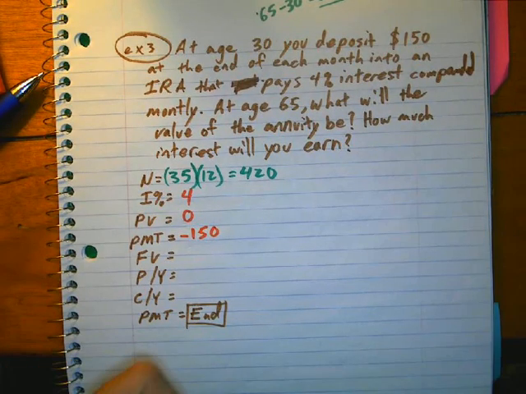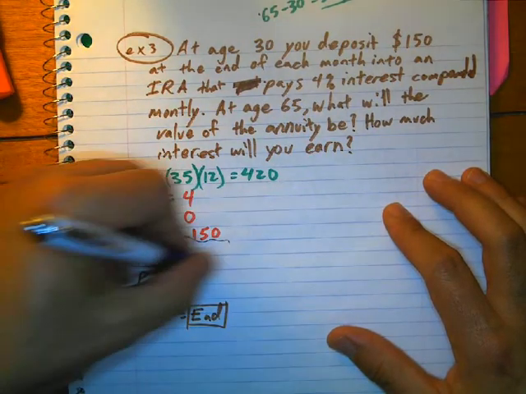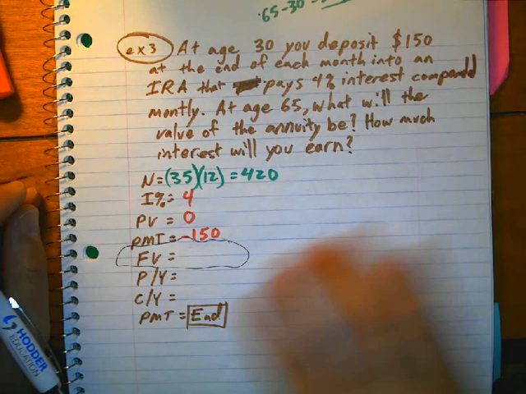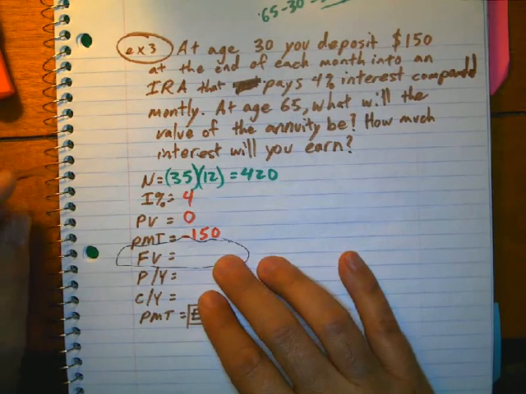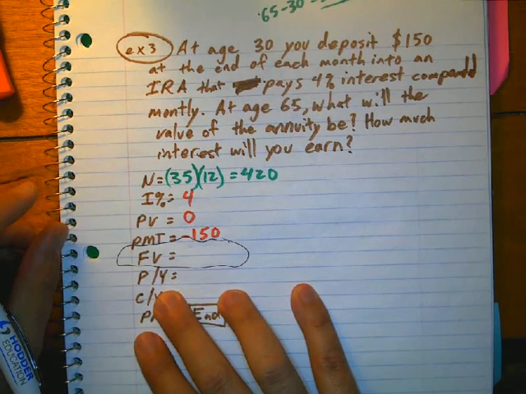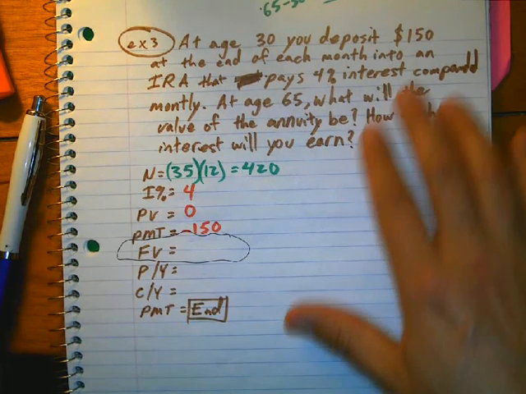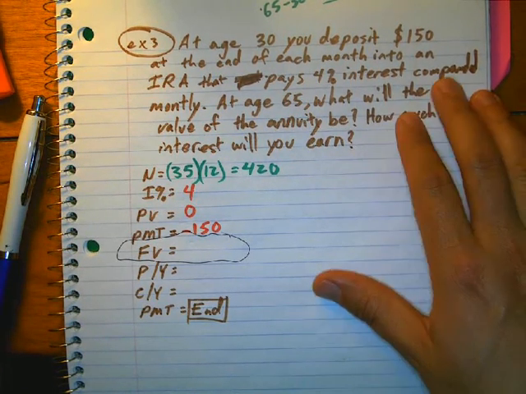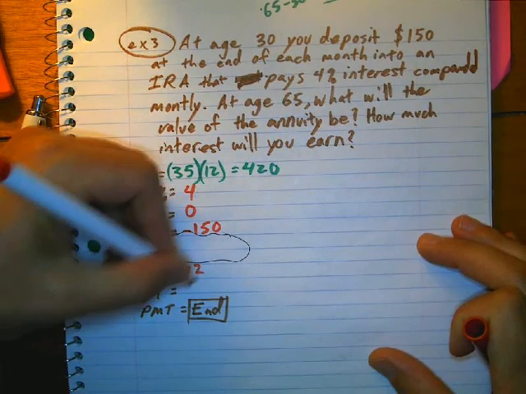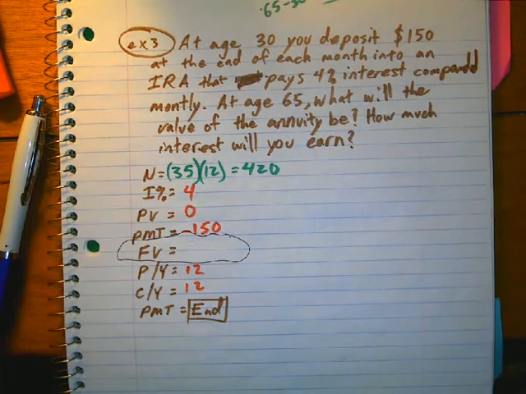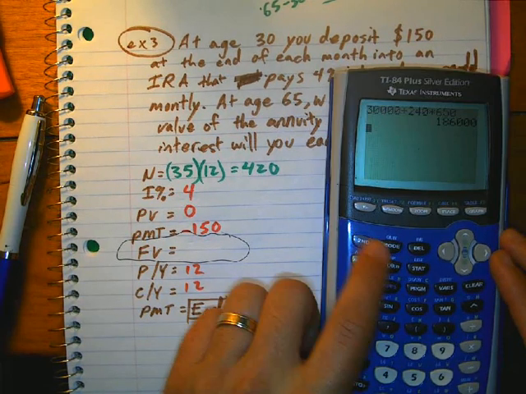How much will the value of the annuity be? Okay, so we'll figure that out in a minute. And everything's happening monthly. It's compounded monthly. You're getting money back monthly. So this is going to be 12 and a 12.